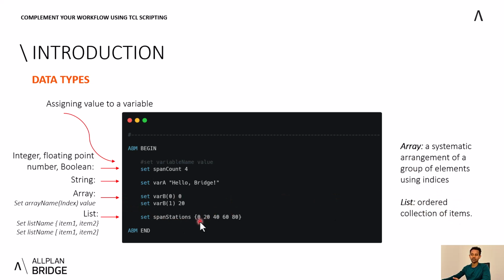An array is also a collection of items, but it is based on the definition that you put. So we have a systematic arrangement of a group of elements, and you are arranging them based on indexes when you create them. In our case, we're going to focus more on lists, but we will see this also in the next few slides.